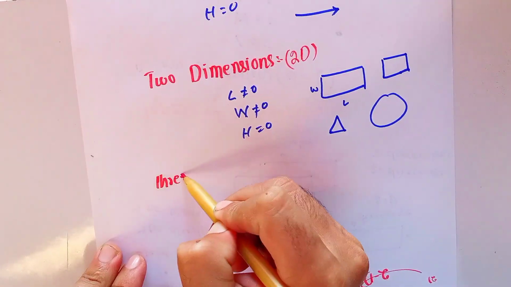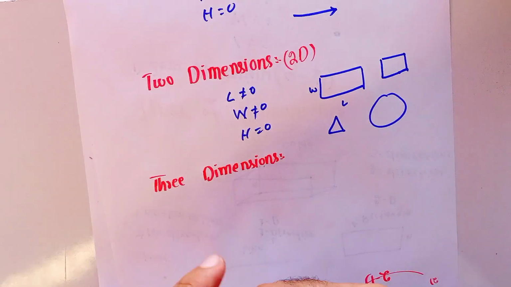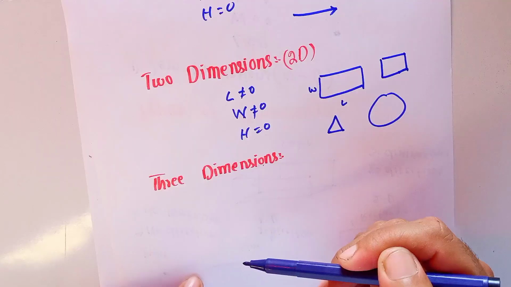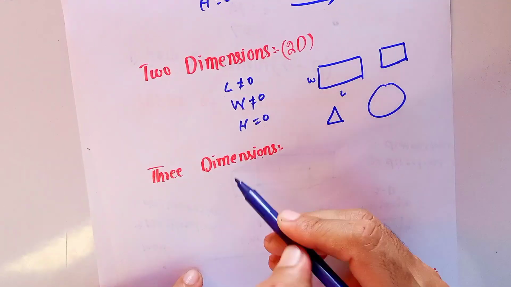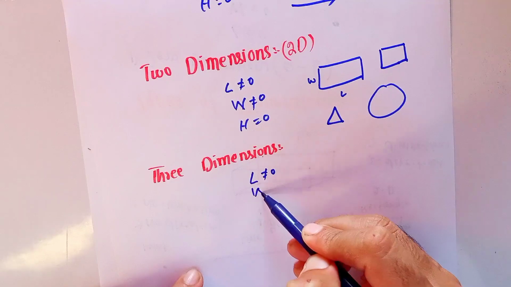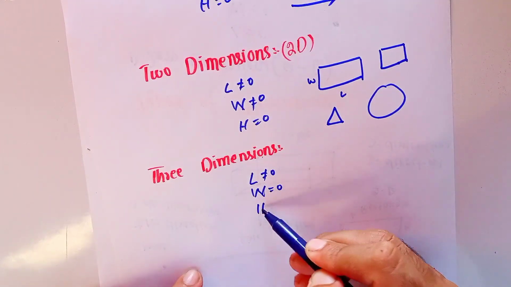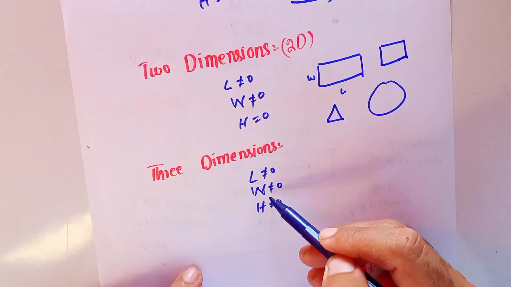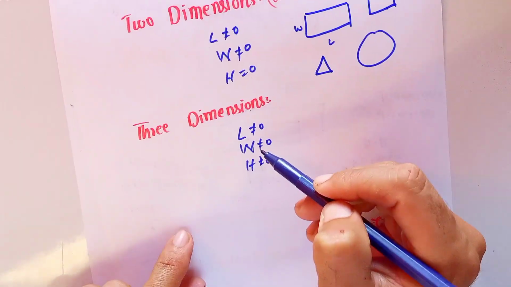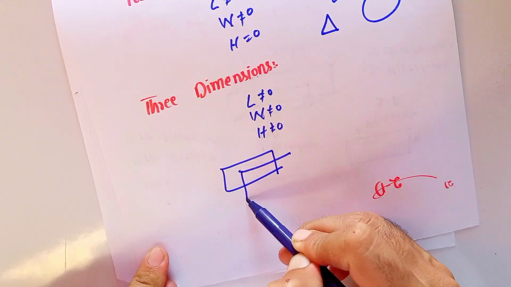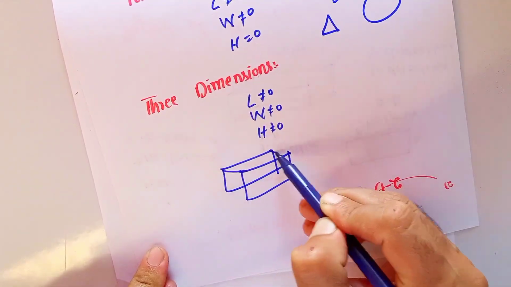Now we are going to explain three dimensions. A three-dimensional object has length, width and height. It means the length is not equal to 0, width is not equal to 0 and height is also not equal to 0. For example, a cube is a 3D object or three-dimensional object.